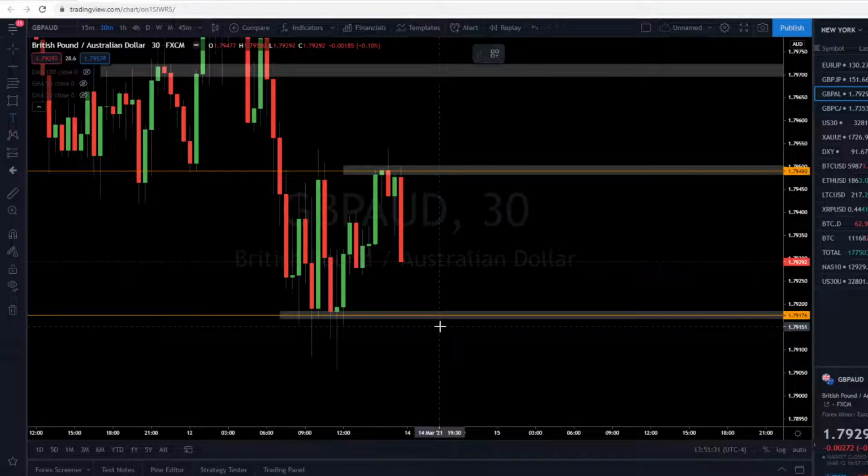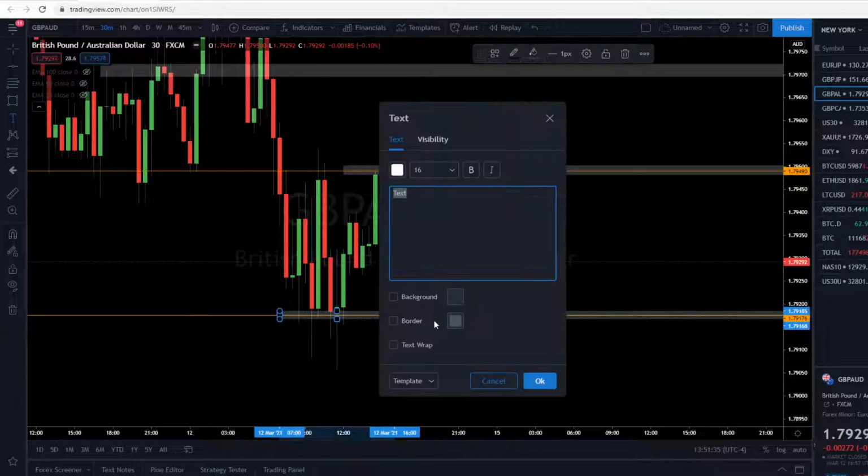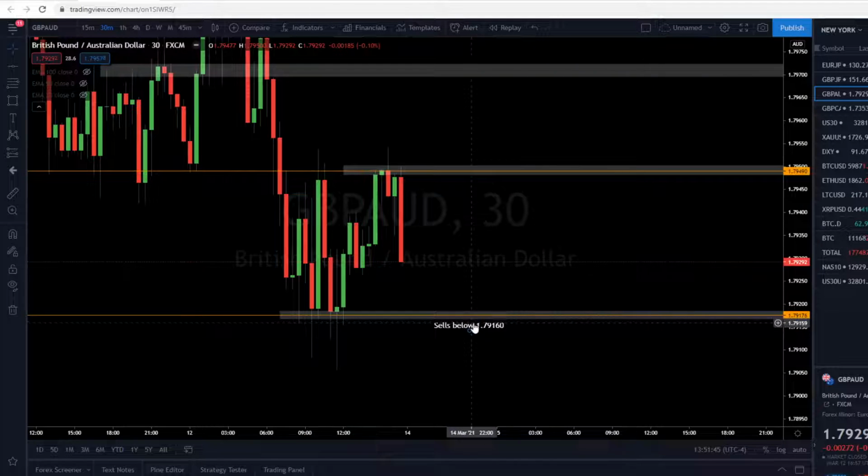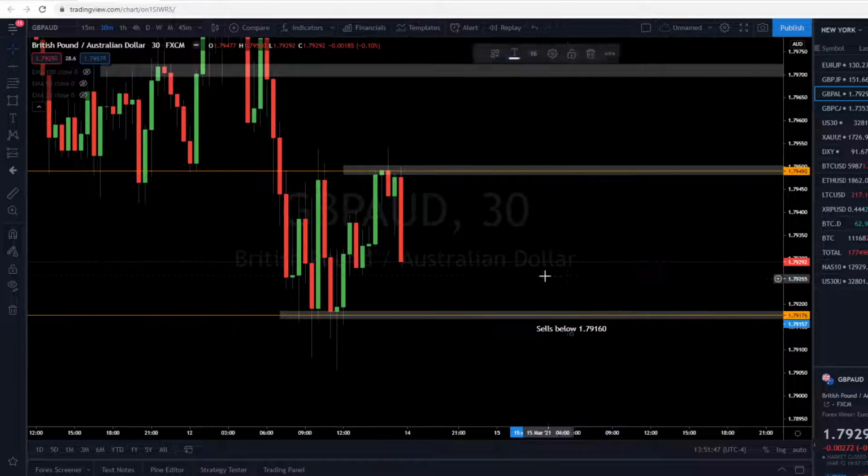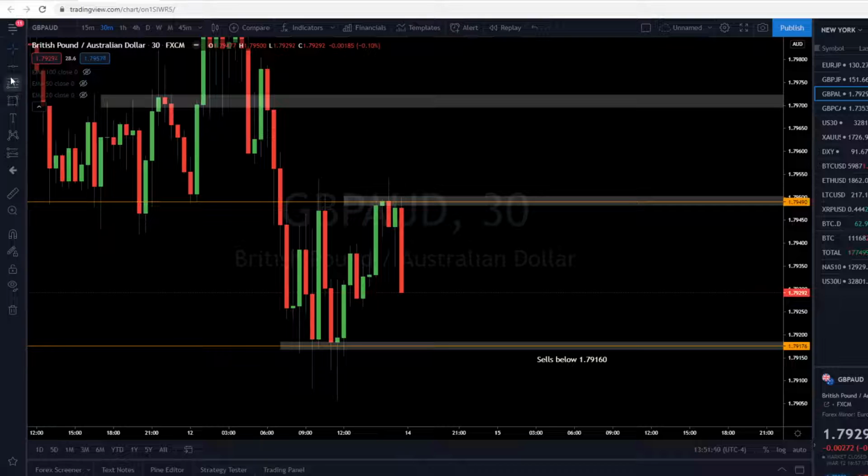Sells below 179, 17, 16. So this is where I'm looking for sells. I'm also looking for buys, potentially if we break out of this range. This is a pretty big range.